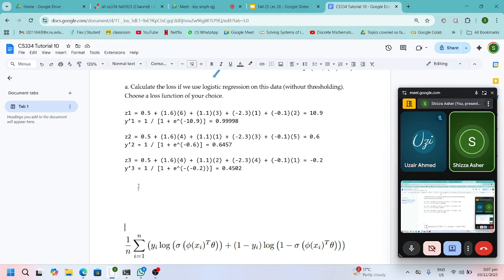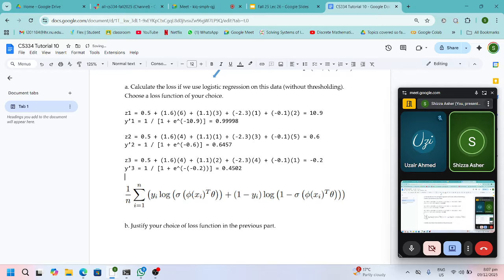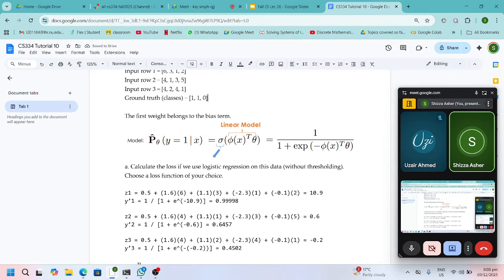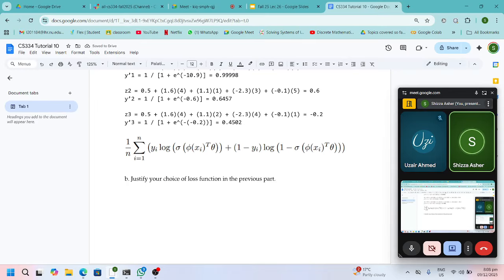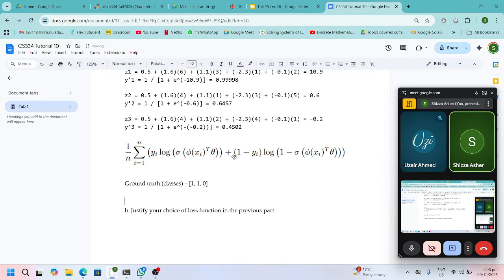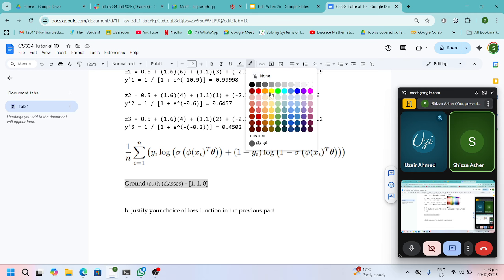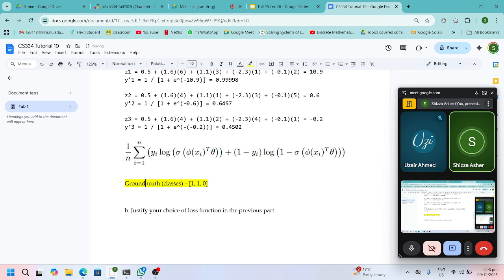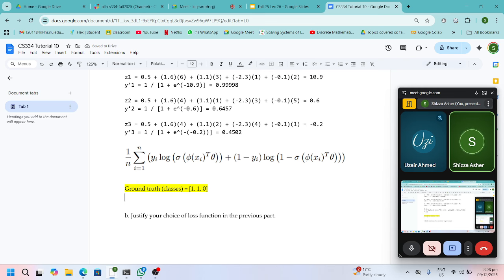But for now, we're gonna need to compute our loss. So I will just highlight the ground truths over here because we will be needing these. These were essentially your ground truths.